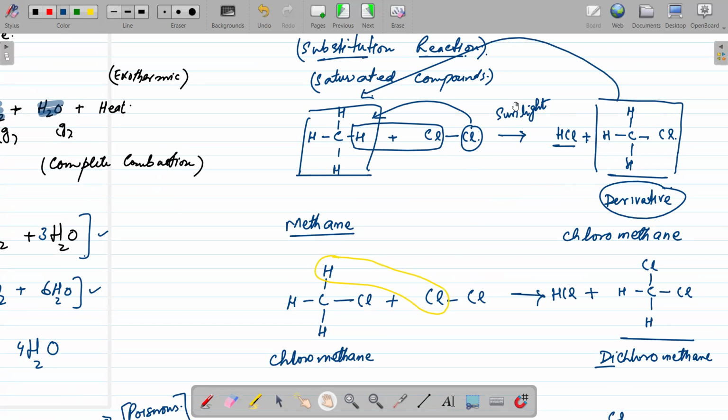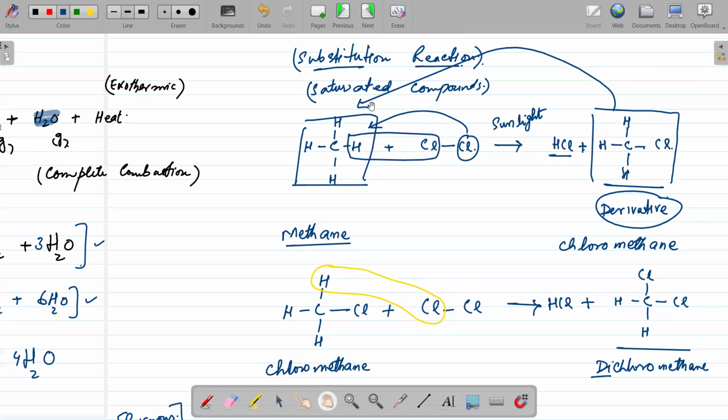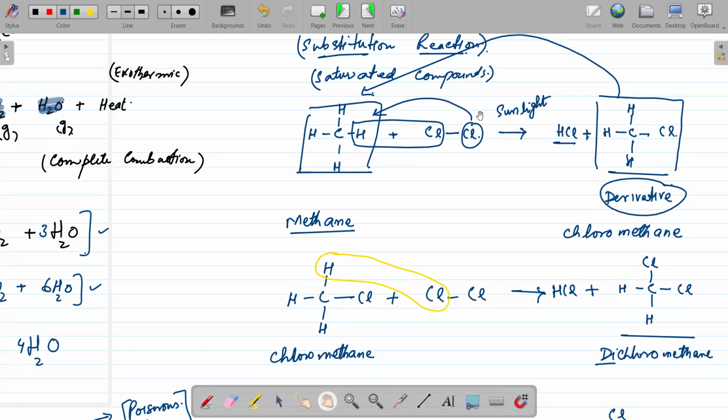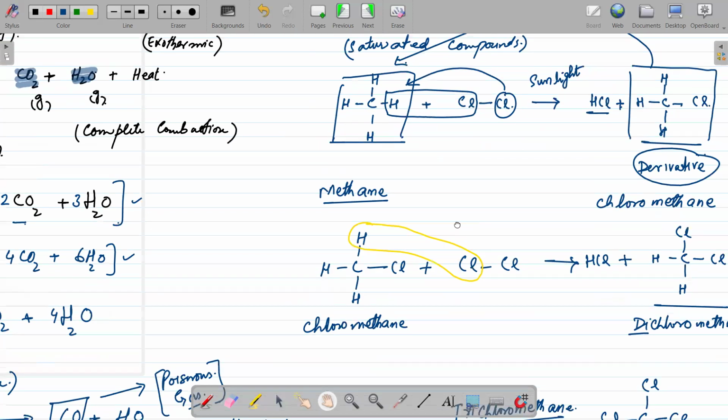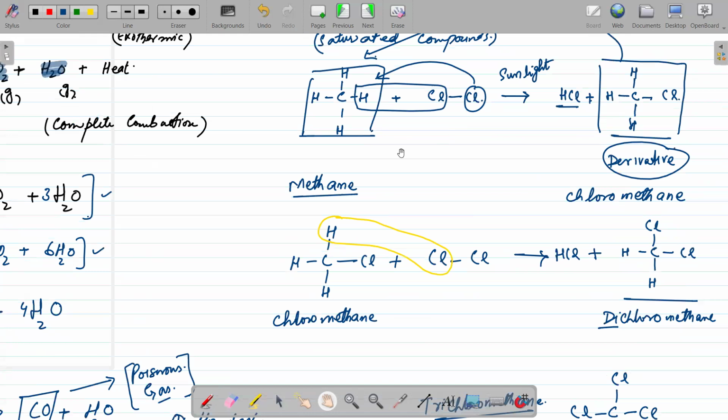So these are the two basic chemical properties of alkanes. They always show substitution reactions. Why? Because they are saturated compounds and they cannot give addition reactions because all the vacancies are satisfied. One example of these substitution reactions is the reaction with halogens like chlorine or bromine in the presence of sunlight.